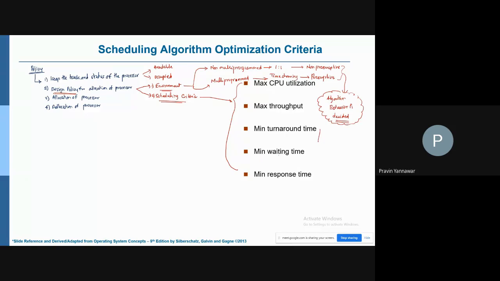These three should be minimum. We need to decide the algorithm in such a way that turnaround time, waiting time and response time are minimum. The maximum should be CPU utilization and output. So we want maximum output in minimum effort. That is the best design policy which we are going to follow.